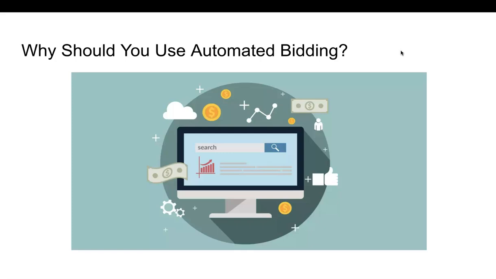They free up your time, eliminate the guesswork, and drive better results through sophisticated machine learning. But automated bidding isn't just about convenience, it's about performance. These strategies continuously learn from your account data and adjust bids to help you meet your specific business goals while optimizing the Google Ads budget.